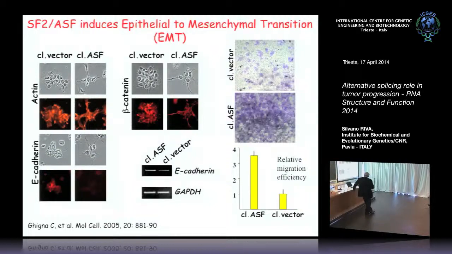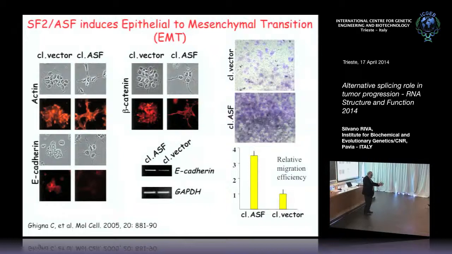Epithelial cells have these features: you look at the microscope, and they have a sort of cobblestone appearance. Well, if you transform these cells, so if you overinduce ASF, you transform these cells from epithelial to mesenchymal cells. Mesenchymal cells are the cells that are able to migrate.